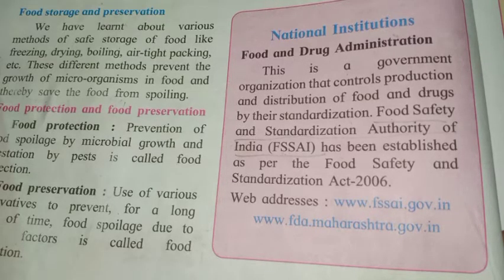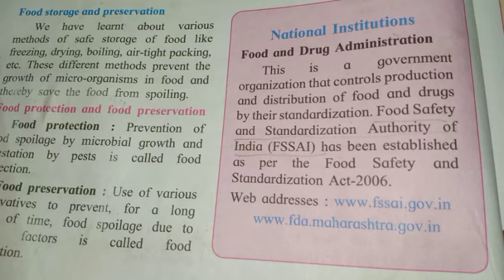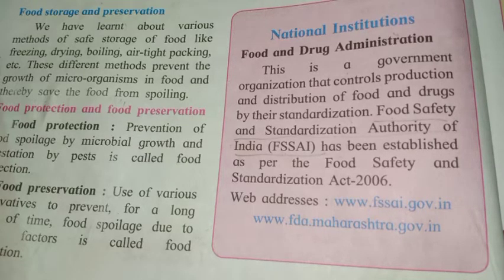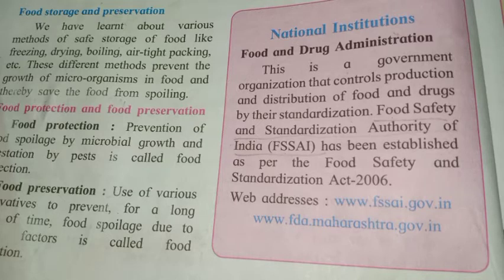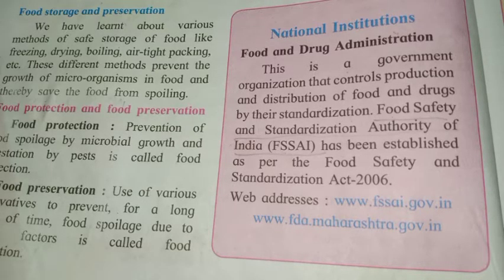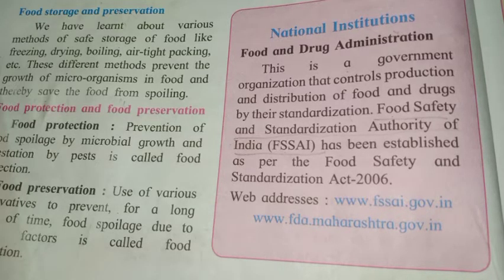So underline this, Food Safety and Standards Authority of India, that is FSSAI, has been established as per the Food Safety and Standards Act 2006. Now your web address is given. You can find some more information on this.